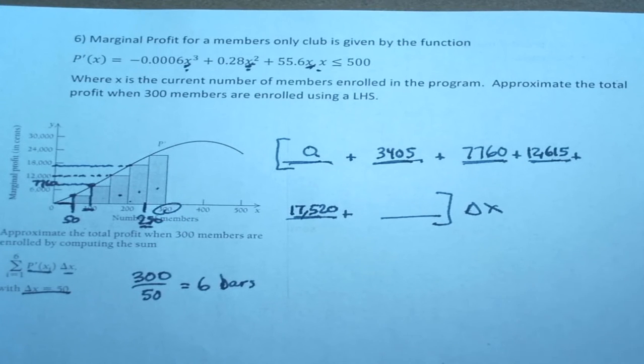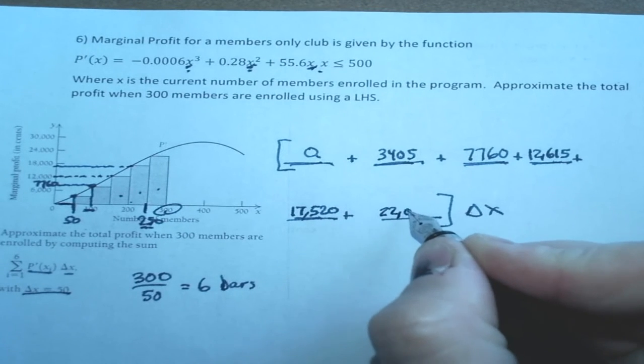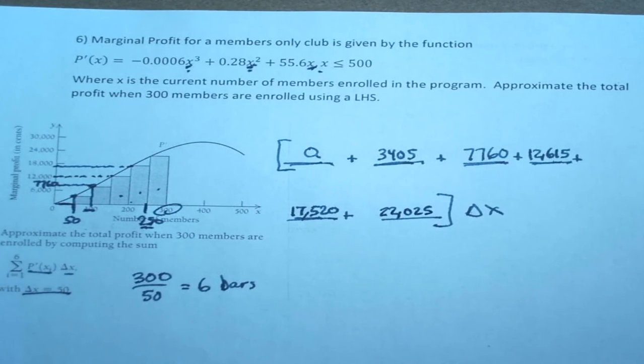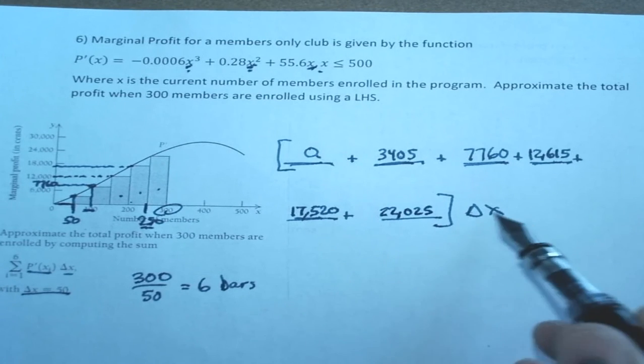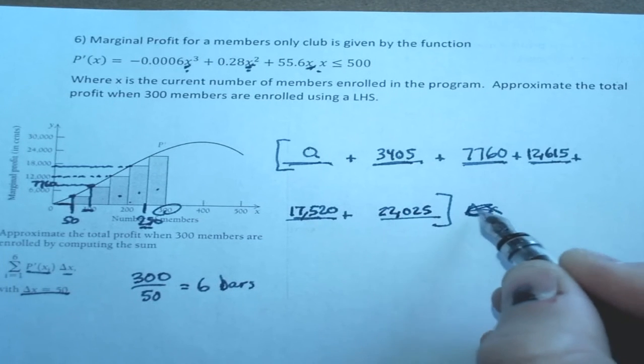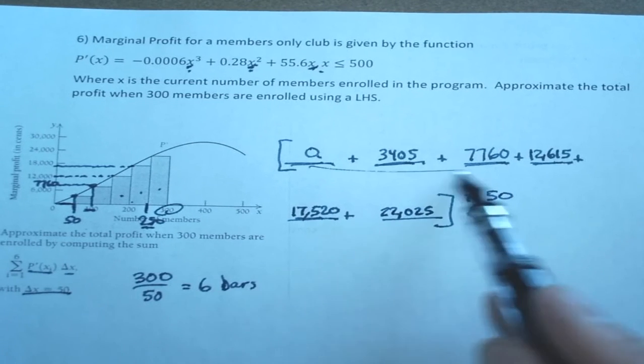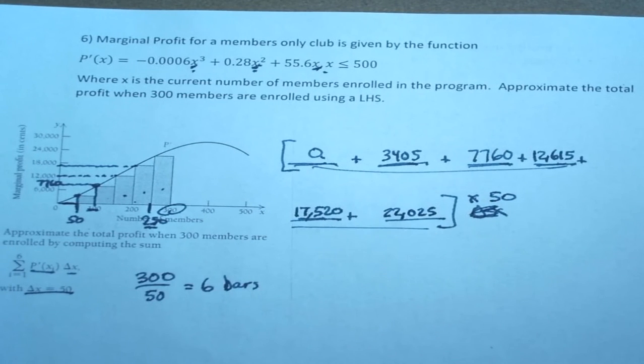I get 22,025. And then, of course, times delta x. We know delta x is 50, so this will be times 50.